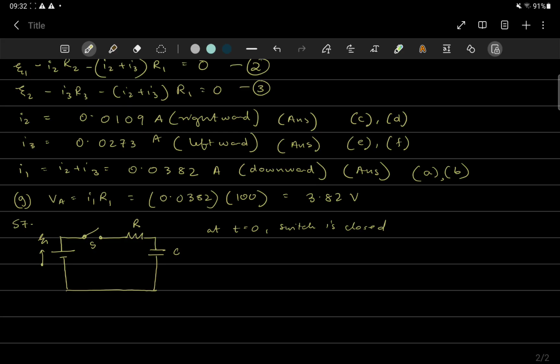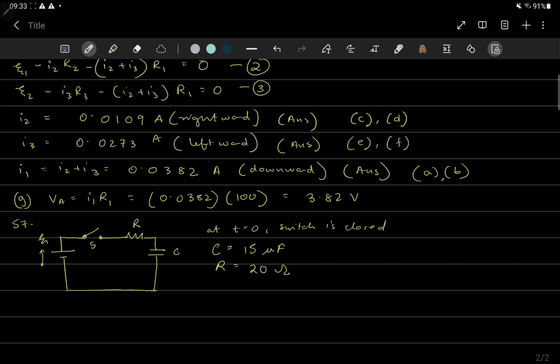So an uncharged capacitor at t equals 0 begins charging, and you can understand from the question that you're given a capacitance of 15 μF, which means 15 microfarad, and through a resistor of resistance R that is also given in the question, where this resistance is basically 20 ohms.